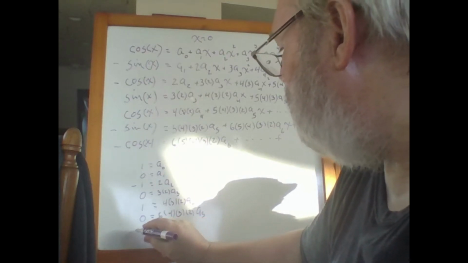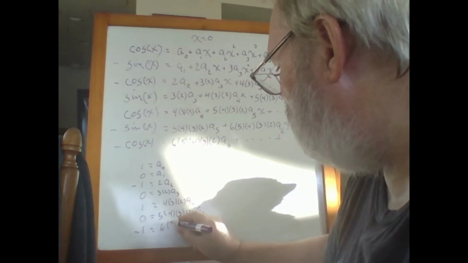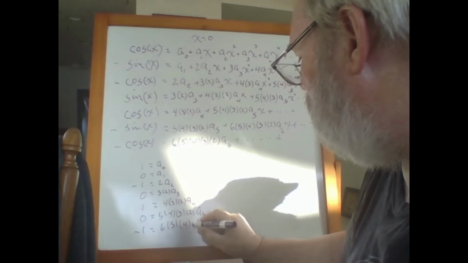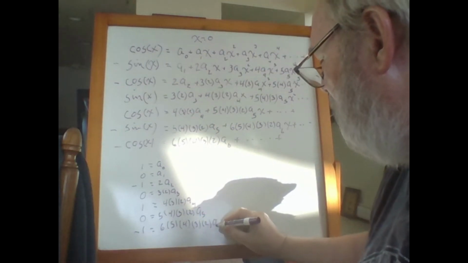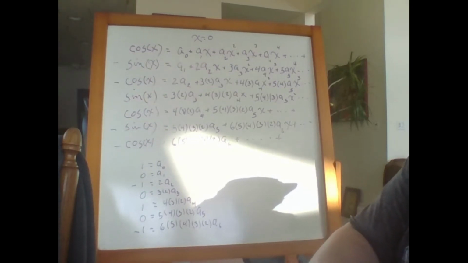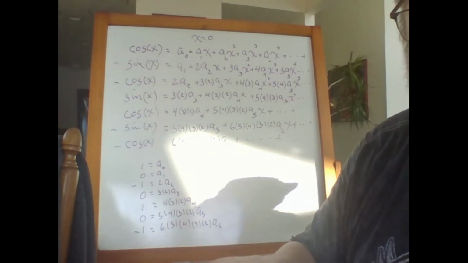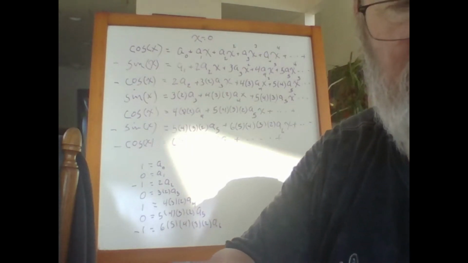And negative 1 equals 6 times 5 times 4 times 3 times 2 a6. Okay, so that's what we're looking for. We're looking for this for all of the coefficients. I want to get the screen back.